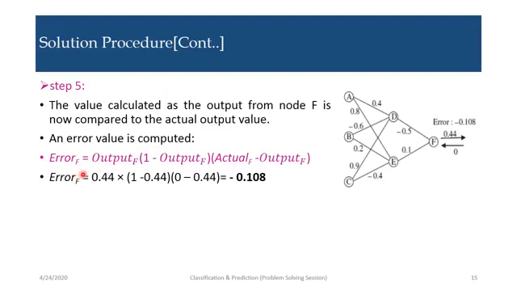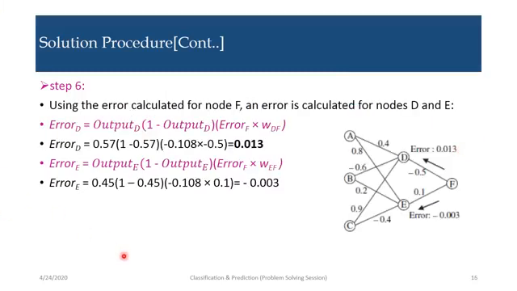So error F is equal to output F times 1 minus output F times actual F minus output F. Here error F is 0.444, the output of F, times 1 minus 0.444, times actual F, which is 0 as given in observation 5, minus 0.444. It comes to minus 0.108. This is the error calculated at node F.